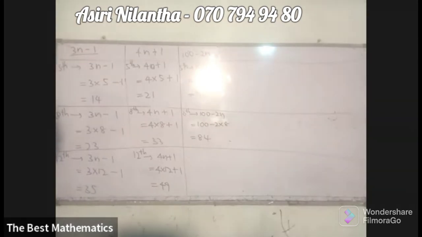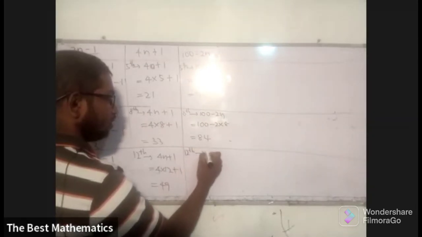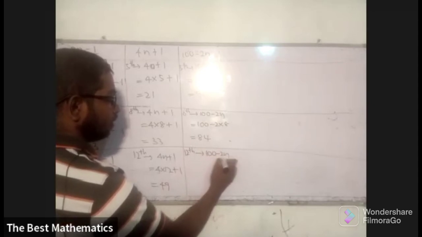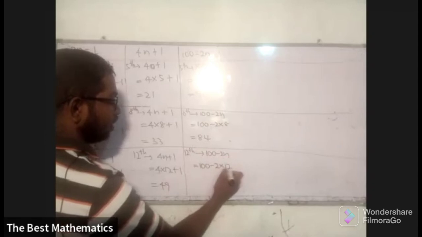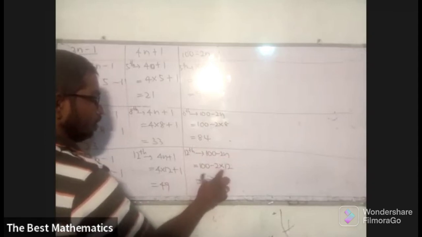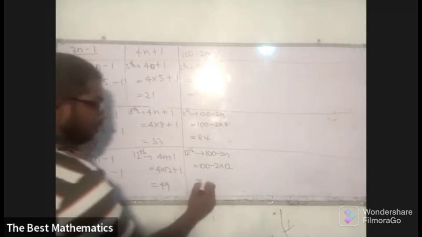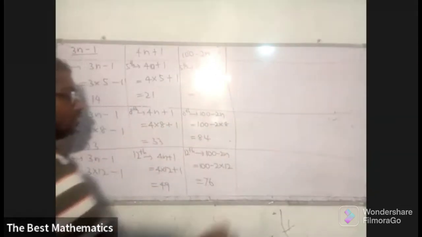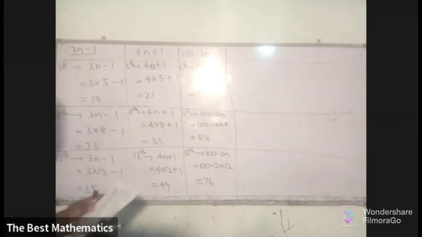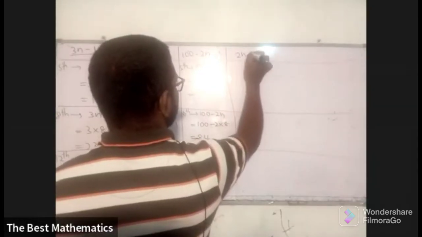Yes, the 12th one: 100 minus 2n, 100 minus 2 times 12. 2 times 12 is 24. 100 minus 24 is 76. Yes.